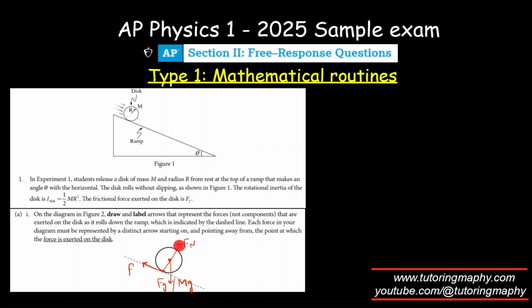The normal reaction cannot provide torque, because it is 90 degrees to the displacement, so it cannot really offer any torque. Mg cannot offer any torque for the same reason, because it is acting at the center of mass. So once again, r is 0. So only friction is able to provide the torque, and hence the rotational tendency will be like this. You don't have to show this on the FBD, but it is like this.